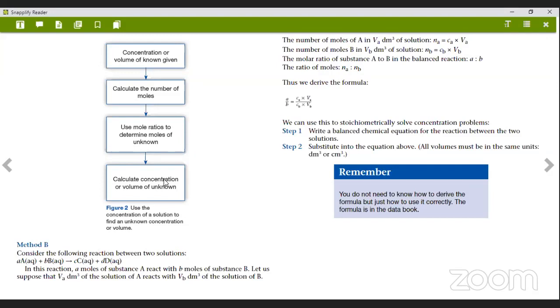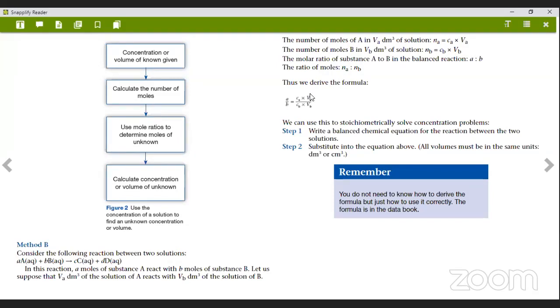These are the steps that you're going to have to take. Number one, obviously, we start with a balanced chemical reaction. We balance the equation. And why do we do that? Because we're going to need A and B. These are the ratios that we're going to get from our balanced equation. And then we substitute them in the equation above.